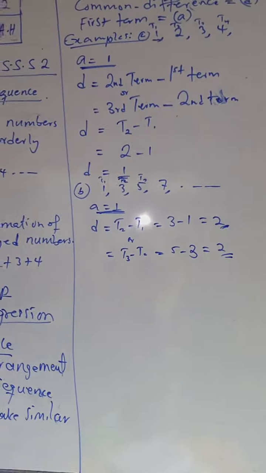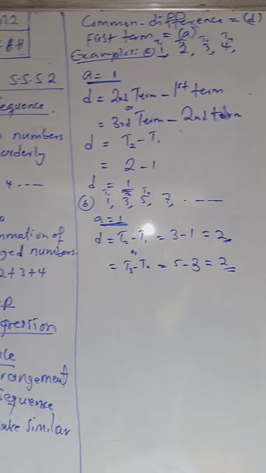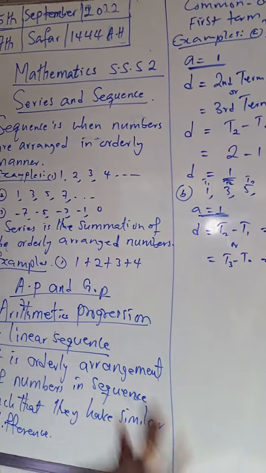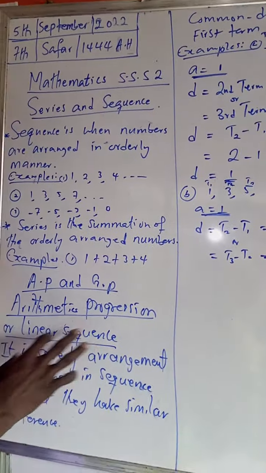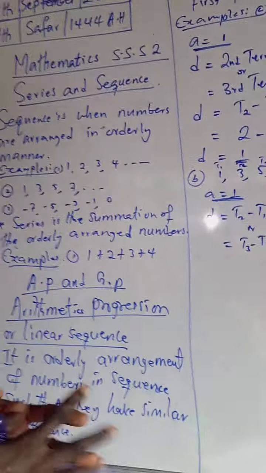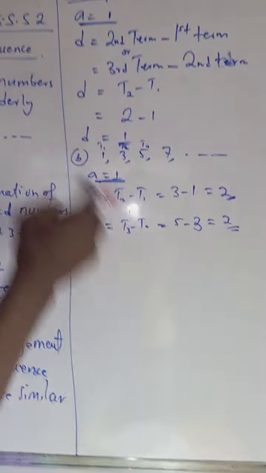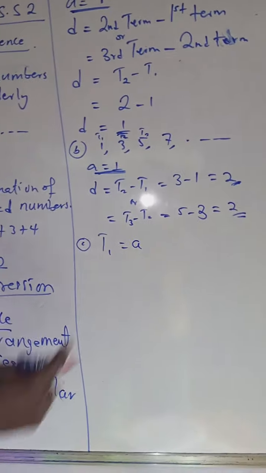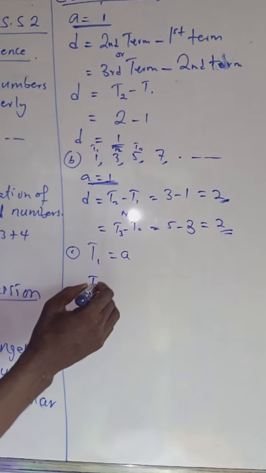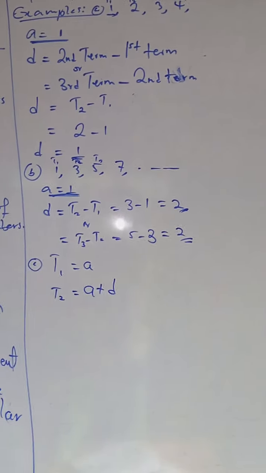In any AP, that is a linear sequence, because in some questions they call it AP and in some they call it linear sequence, you need to know that if they call it linear sequence, they are still referring to AP. Now let me give you some shortcuts before I move further. We agree that the first term is denoted with A. The second term will be the first term plus the difference.